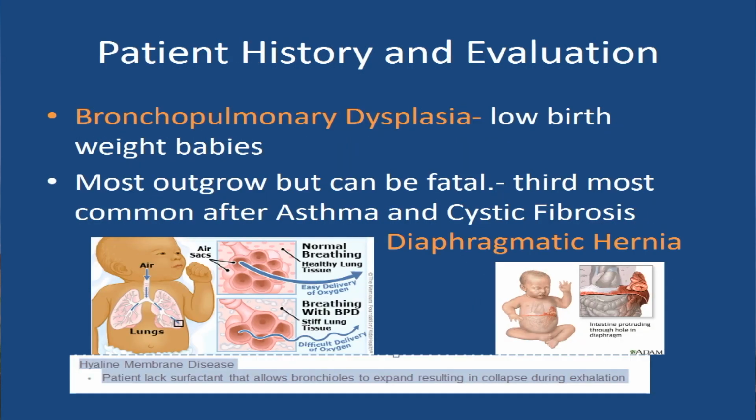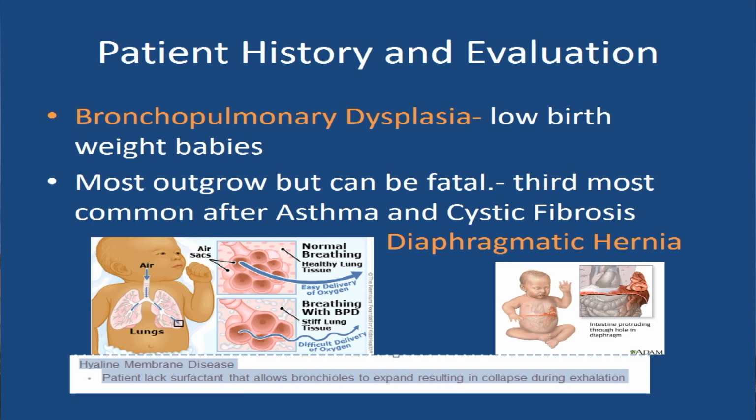Patients with bronchopulmonary dysplasia are low birth weight babies. So the key is that you have a low birth weight baby, and when this patient comes in, you need to ask about bronchopulmonary dysplasia. Most outgrow it, but it can be fatal. It's the 3rd most common illness after asthma and cystic fibrosis.